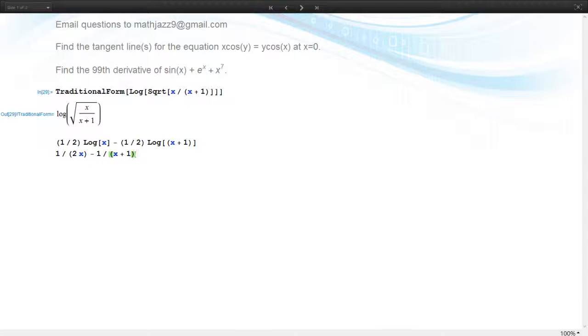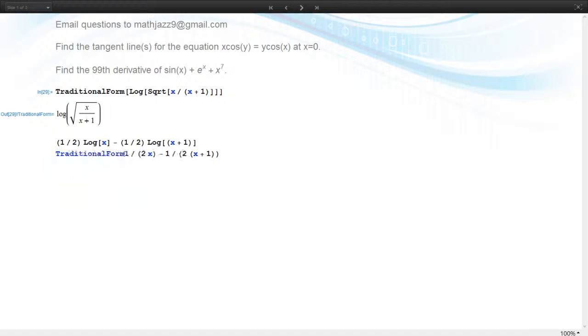But we have a coefficient of 1/2, so we're going to have to multiply the denominator by 2.